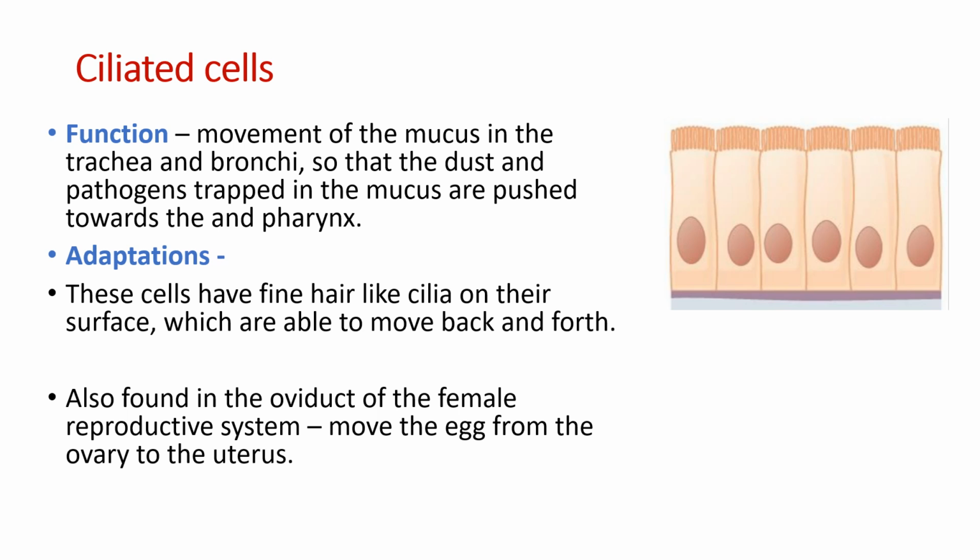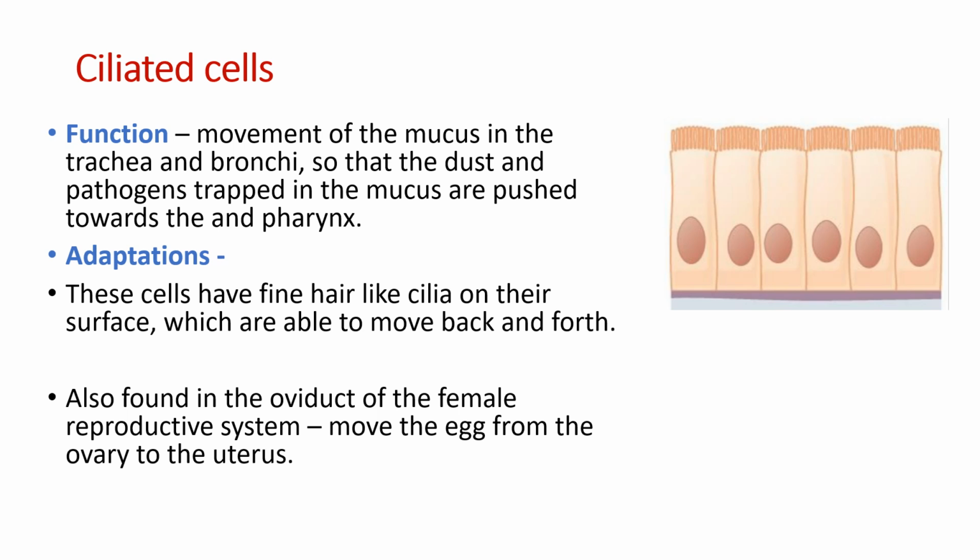Now we know sometimes when we breathe in, together with air, we might inhale dust particles and some microorganisms. So the function of the ciliated cells is to help in purifying this air. Let's see how this is possible. The inside of the respiratory tract is always wet with a sticky substance called mucus.